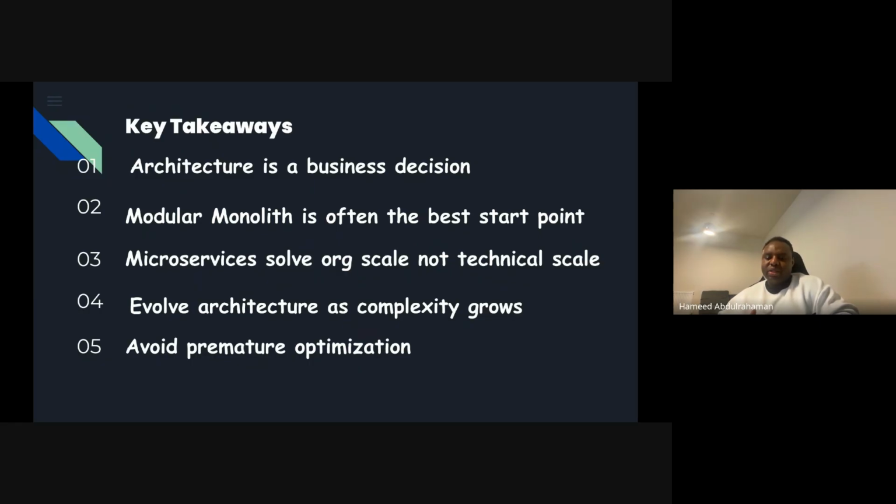Then you have a scenario whereby you're rewriting different services because they can't fulfill the aim they were created for. So it's important to differentiate between scaling an organization and having technical skill.